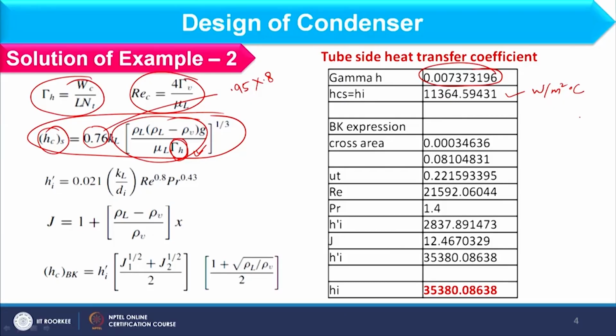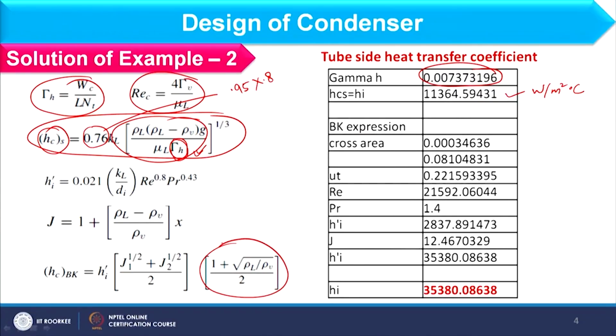Okay. And second flow in tube side is the annular flow, and to find out heat transfer coefficient for this flow, we should consider Boyko-Kruzhilin correlation. Okay, and if you remember Boyko-Kruzhilin correlation, there I am having Hi dash, which is the heat transfer coefficient when I am considering condensate only. Okay, and two phase we can consider based on J1 and J2 value.